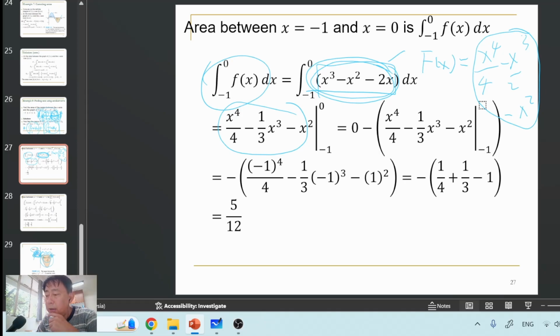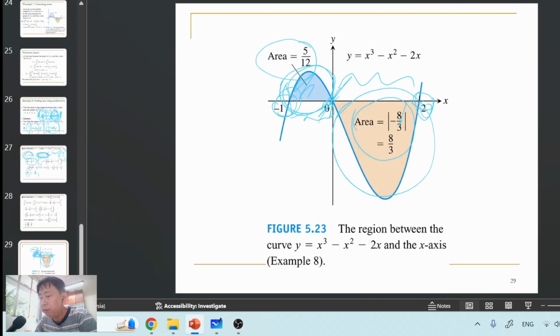Once you have identified the antiderivative of the integrand function, then you evaluate the antiderivative between 0 and 1 to obtain the value of 5 over 12, which is the definite integration for the function between 0 and 1, and that represents the area of A1, which is this area.